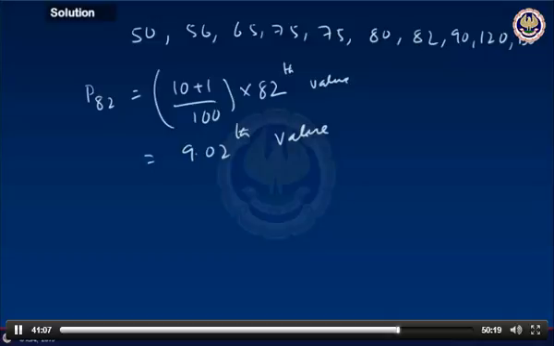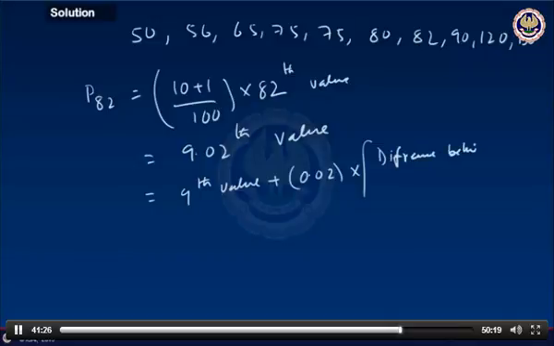This is the ninth value of the given data plus 0.02 into the difference between the 10th and 9th value.